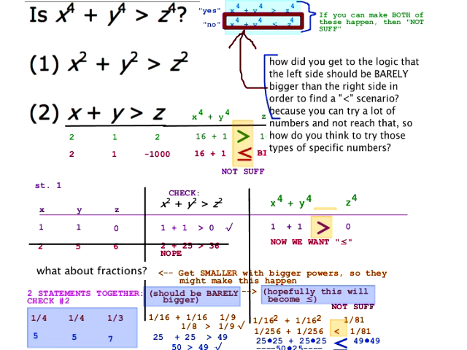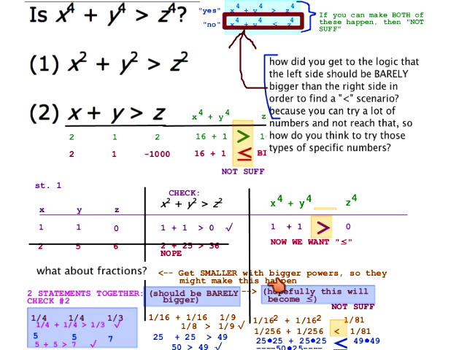So that works. That works for both statements. And then 5 plus 5 is also greater than 7. So as it turns out, these cases both work for both statements. And yeah, this proves that it's E, because even if you combine the statements, you can still use the same two cases.